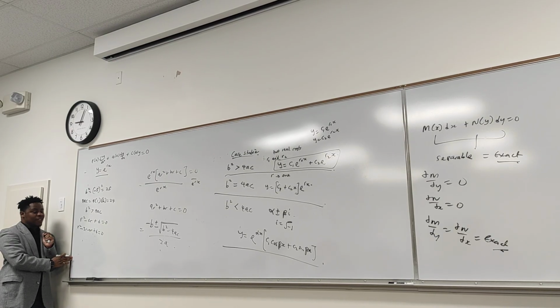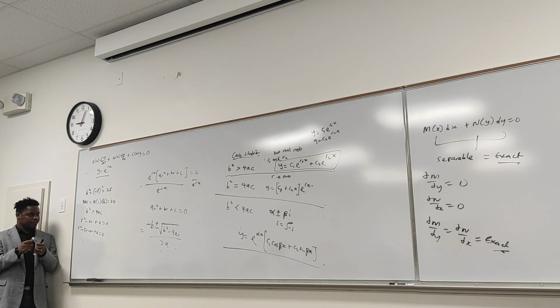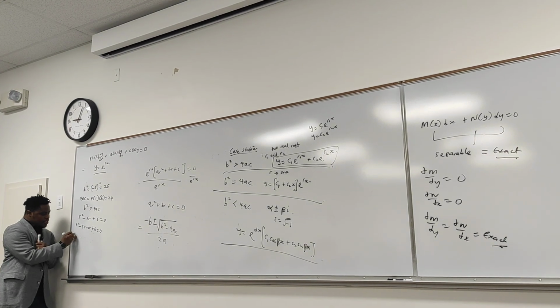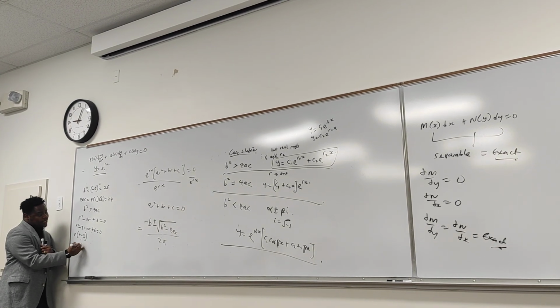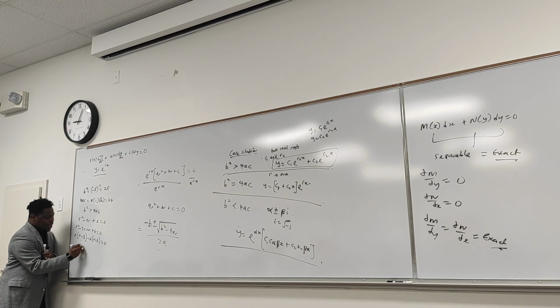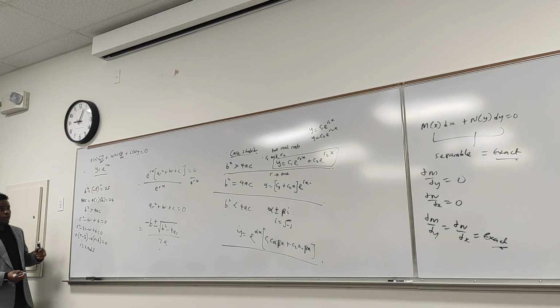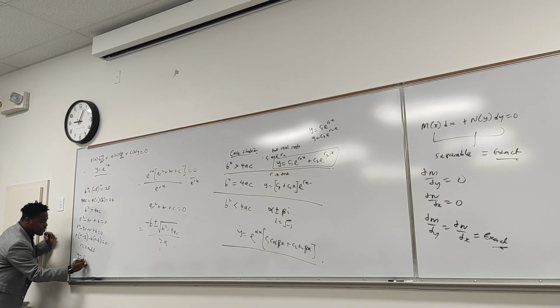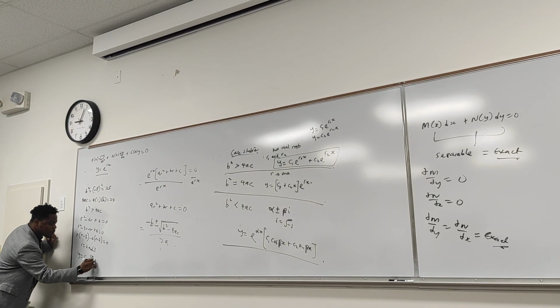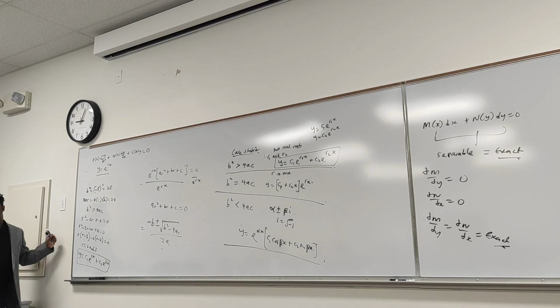This is with the assumption that everyone here can solve quadratic equations, which is true. So this becomes (r minus 3)(r minus 2). So our answer becomes 2 and 3. Is that what you got? So our solution y becomes c1 exponential 2x plus c2 exponential 3x. This is the solution. Isn't that straightforward?